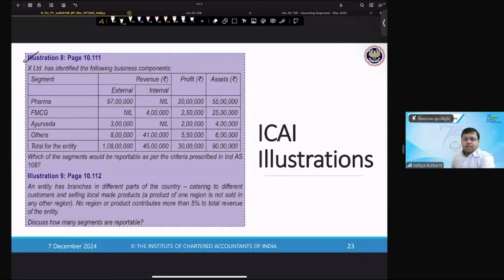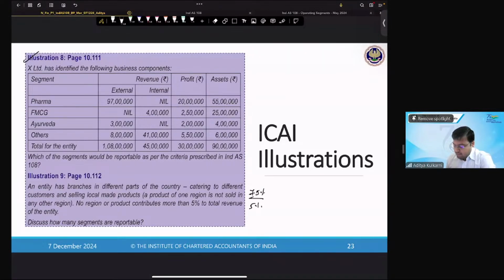See, one thing is sure. Are these segments individually meeting any of the criteria? Assets data is not given. Profitability data is not given. They have only given the data of revenue. Each of them is meeting, let us say, 5% revenue max. So at the most, I have to cover 75%.